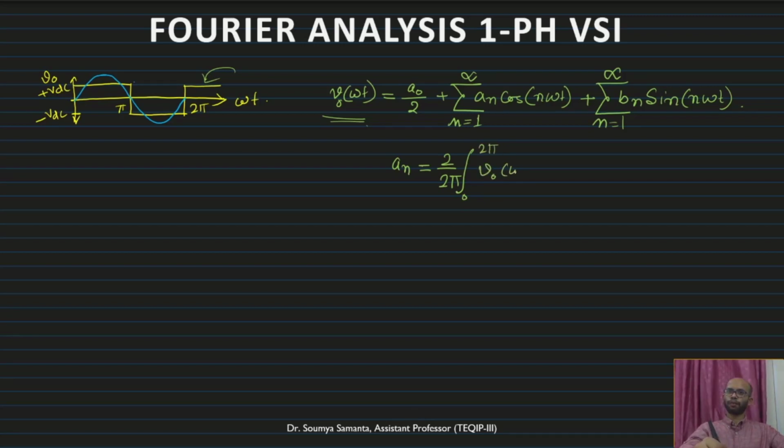So an is 1 by pi integral from 0 to 2 pi of V output of omega t into cosine of n omega t, d omega t. We are multiplying the waveform with cosine, integrating, which gives the area under the curve, and then taking the average.